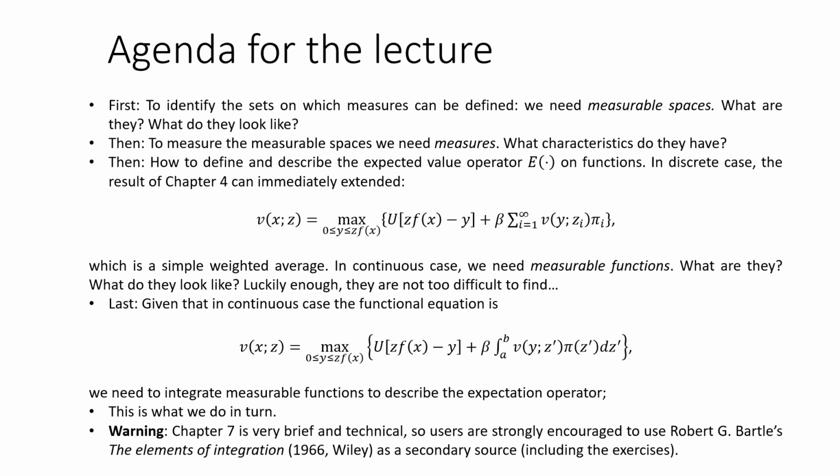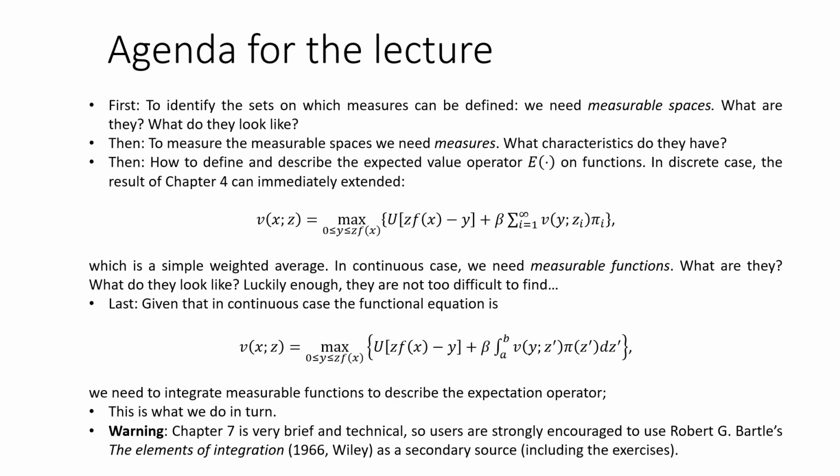We will list their key characteristics, so we will learn a lot about measurable spaces. This is the first step to take, and the second step to take is to define measures. This is very natural. If we want to measure measurable spaces, we need measures. This is obvious. We will define measures and we will survey their key characteristics.